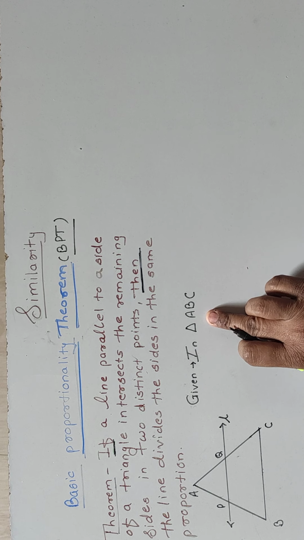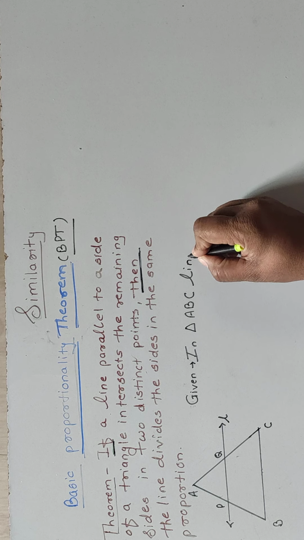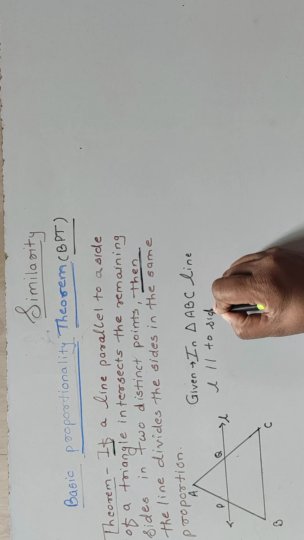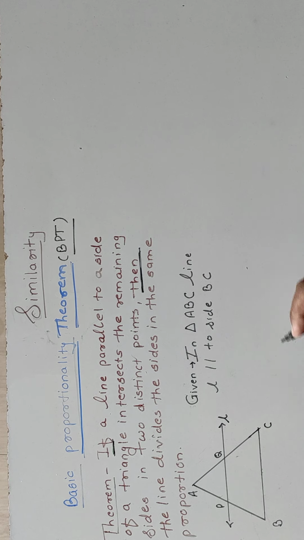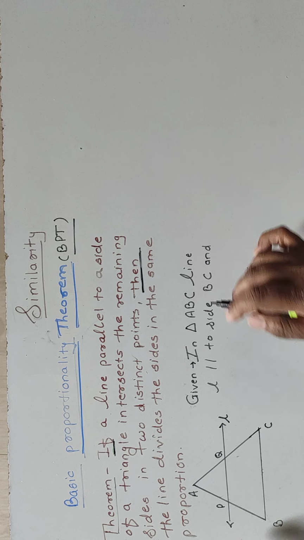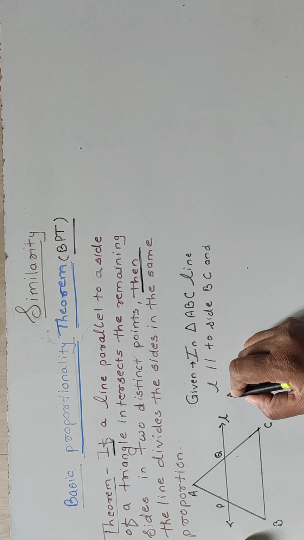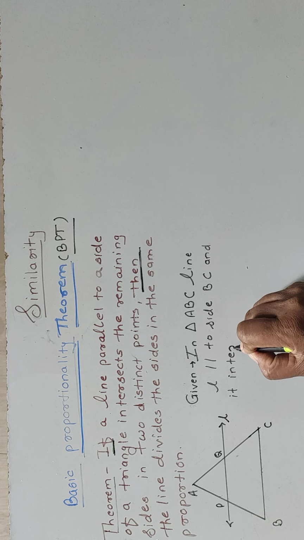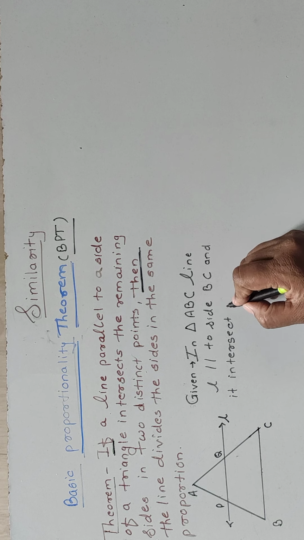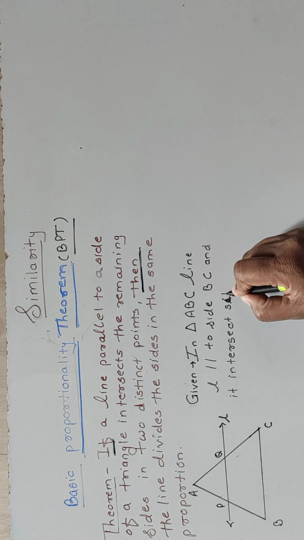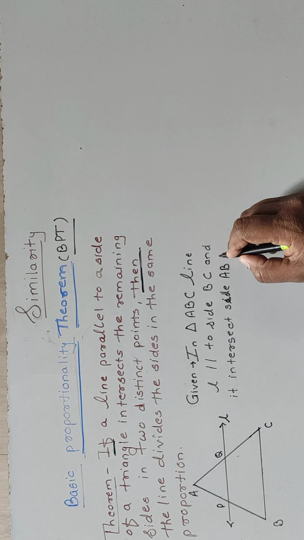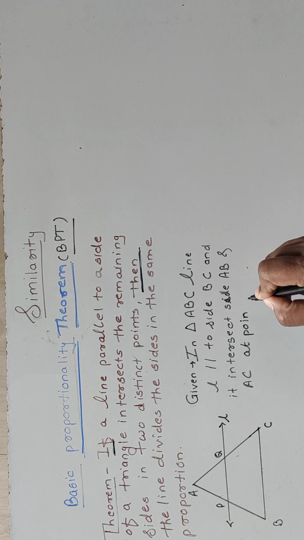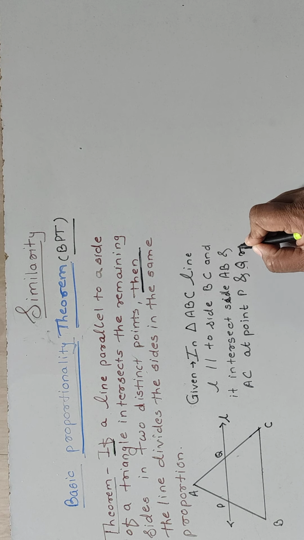So the triangle is ABC, line L is parallel to side BC, and it intersects sides AB and AC at points P and Q respectively.